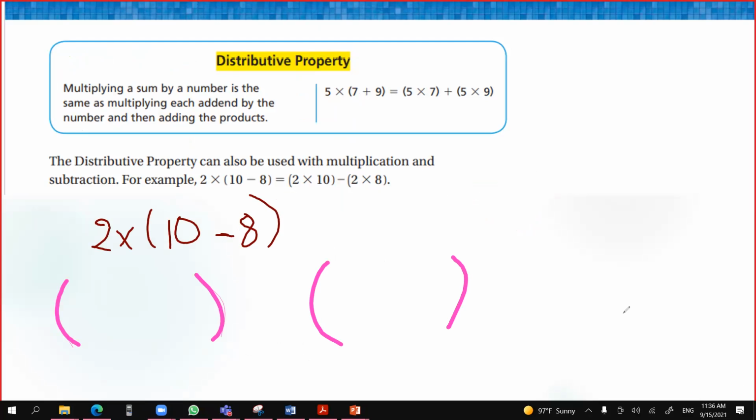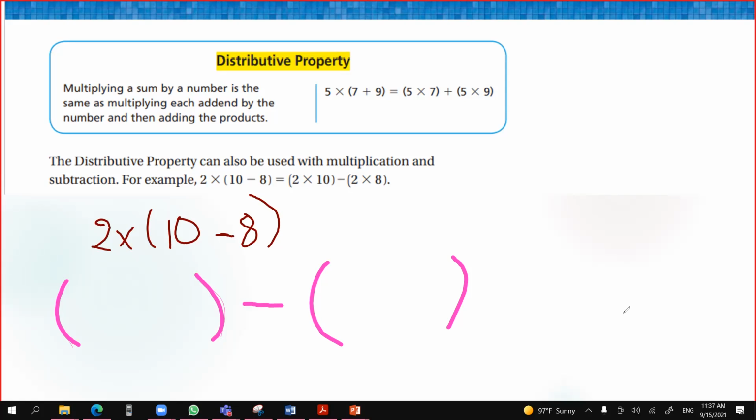Now, look at the sign between 10 and 8. Is it addition or subtraction? Yes, grade 5. Subtraction. So I will write a subtraction sign between these 2 brackets.